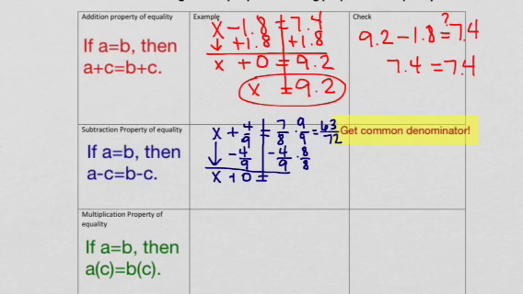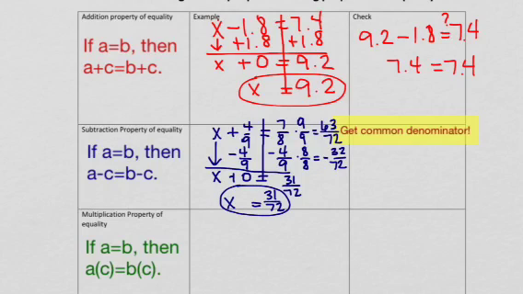And on the bottom one, I get minus 32 over 72. Once I have the common denominator, all I have to do is subtract 63 minus 32, and that equals 31. And the denominator stays the same, 72. So that gives me my answer, x equals 31 over 72.